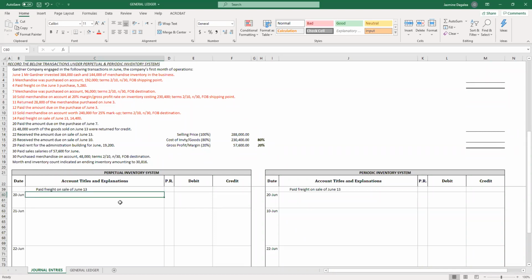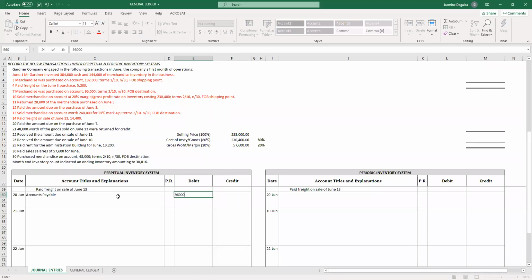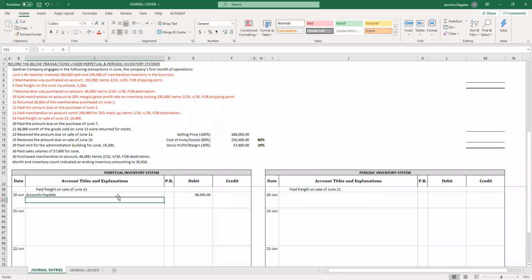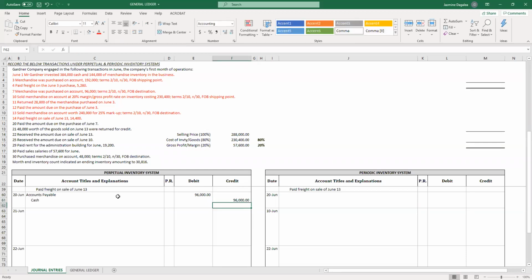Yan. So, ang entry nyo, what is your debit? Accounts payable. Yeah, upon payment, i-debit nyo lang yung accounts payable, tatanggalin nyo na yung liability nyo kasi babayaran nyo na siya. Tatanggalin nyo na yung utang nyo kasi babayaran nyo na siya, full amount, 96,000. And credit? Cash, 96,000. Full amount kasi no discount. Nag-lapse na yung 10 days na discount sa inyo.